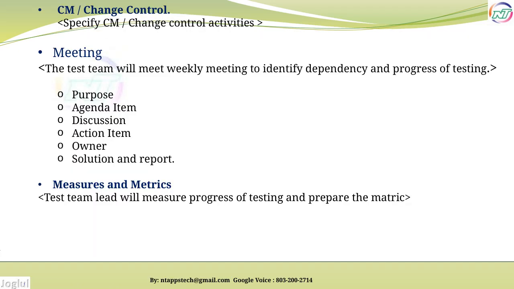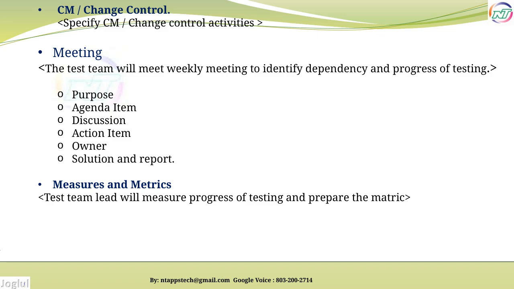The test team will hold weekly meetings to discuss the progress of testing and identify any dependencies that might impact the schedule. Each meeting will have a clear agenda focusing on the current status, any issues encountered, and next steps needed to keep testing on track. Action items will be assigned to specific team members to ensure accountability and timely resolution of problems.